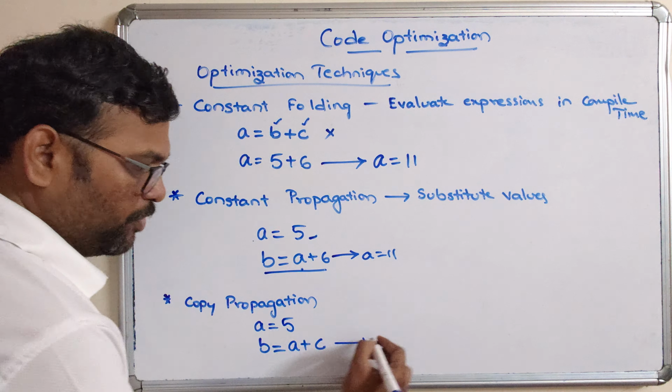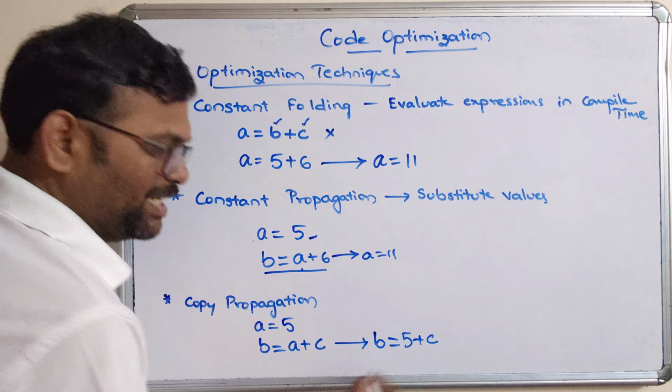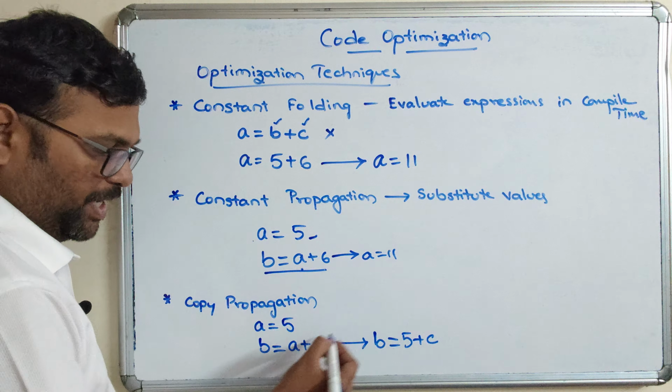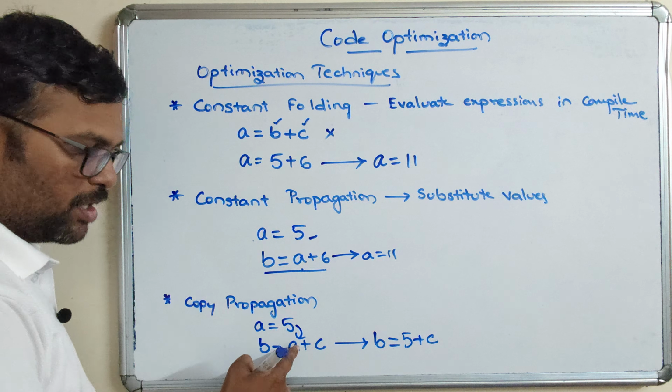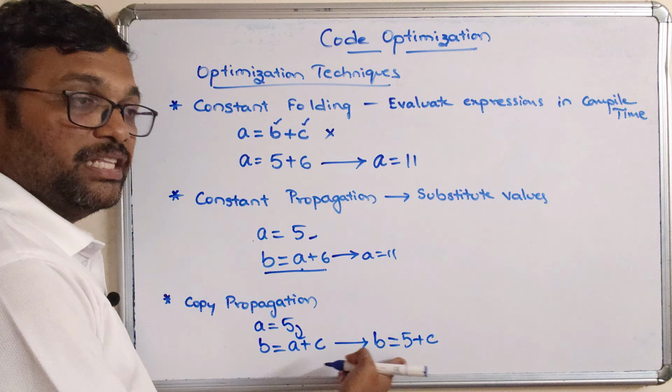So you can replace this with b is equal to 5 plus c. We can simply copy this constant to this particular variable and replace the statement in this way.